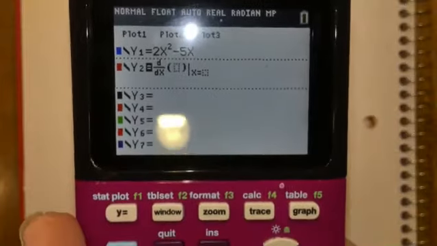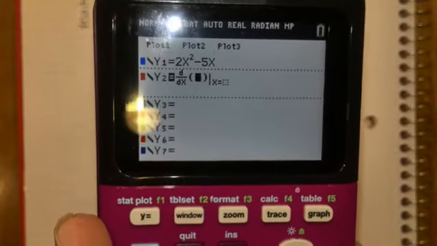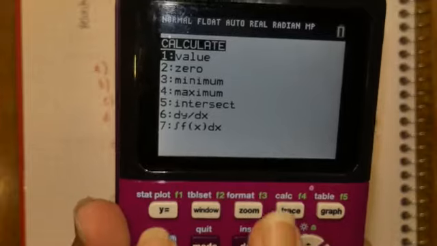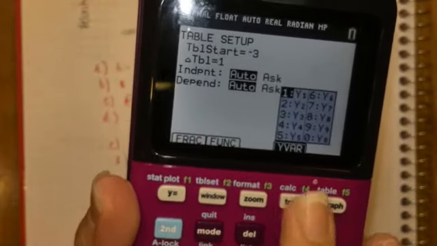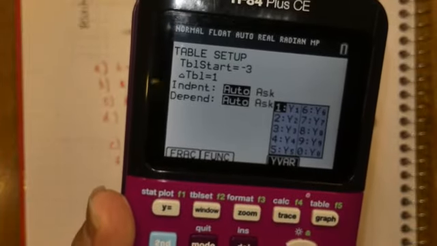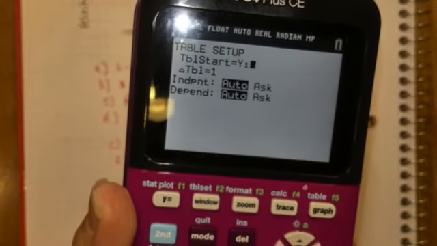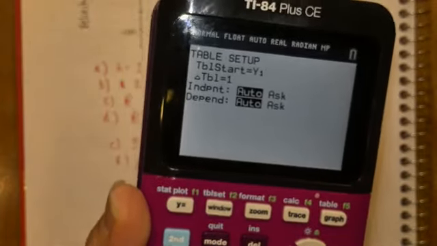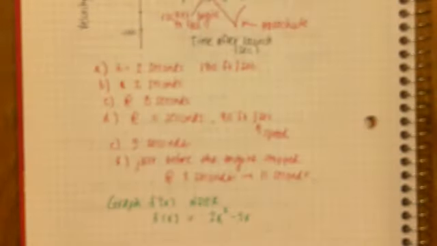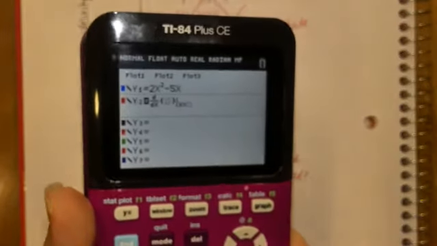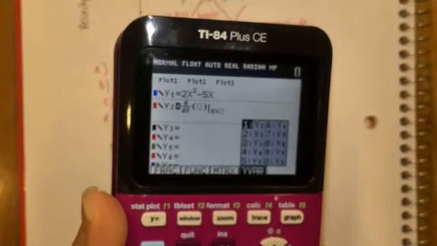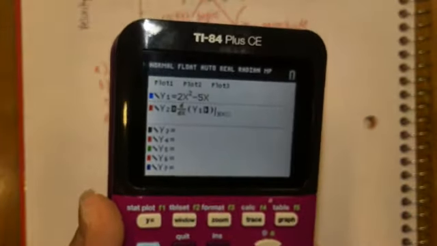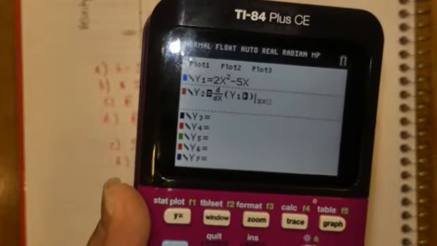And instead of having to type in the whole function, you can just do Y1. If I can find it. How about alpha trace? Yeah, alpha trace. Okay, sorry about that. Instead of typing in the whole function, you can do alpha trace Y1. And so now it knows which function you want to find the derivative of.